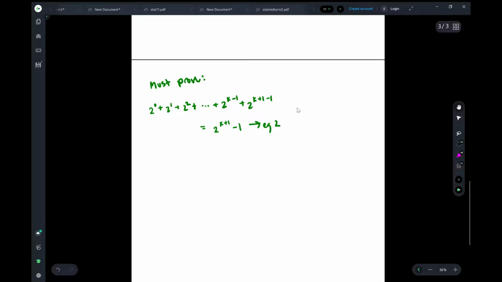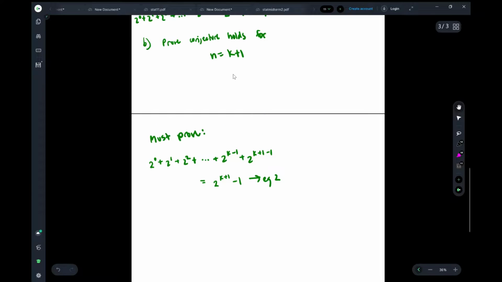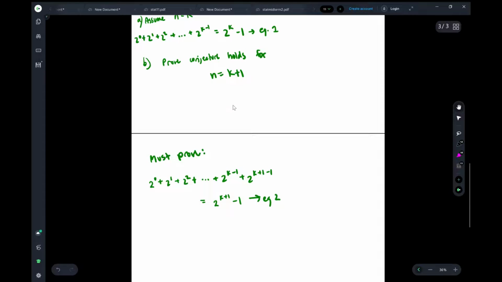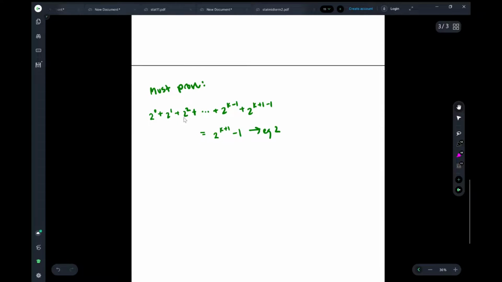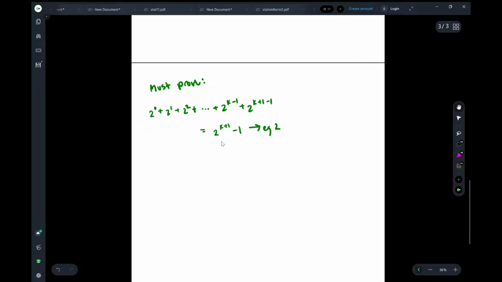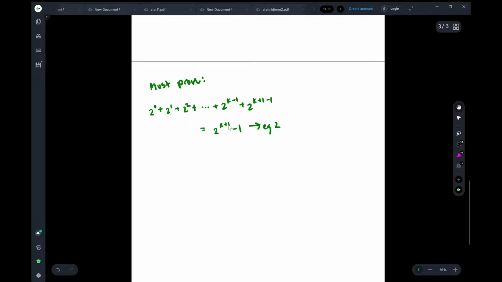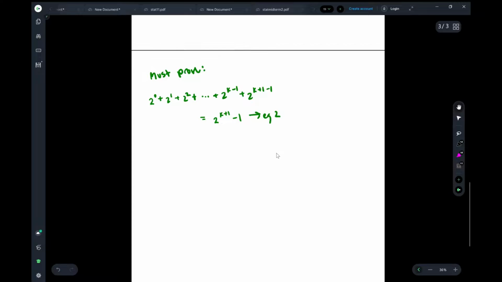This equation is essentially what we get when we take this new n value, k plus 1, and plug it in. We want to prove that this is true, and we'll call this right hand side equation 2.